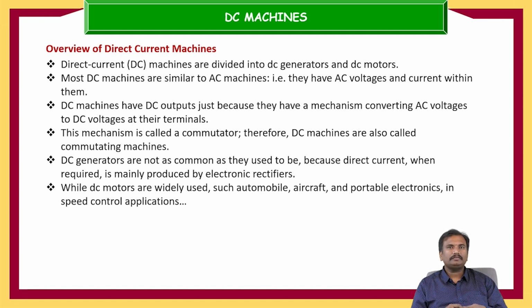While DC motors are widely used in automobiles, aircraft, and portable electronics in speed control applications, because the speed control of a DC machine is very simple. So that's why in some special applications we use the DC motors, whereas under normal operating conditions we can use the AC motors.